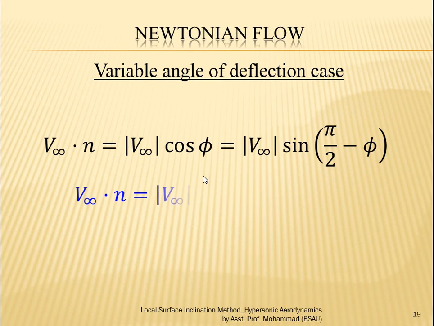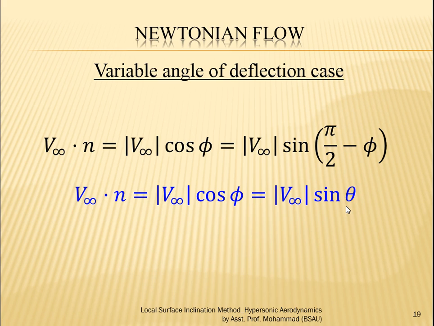Remember this, because phi is the angle between the normal and the velocity vector, then definitely pi by 2 minus phi will be the angle between the tangent and the velocity vector, because tangent and the normal are perpendicular to each other. So this pi by 2 minus phi is our theta, and we have to know the theta.